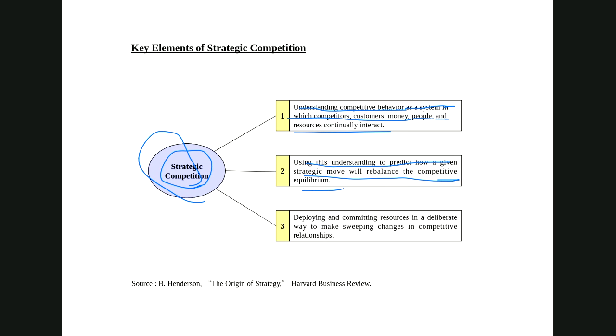We always try to make it better, and then competitors will compete with us better. And deploying the community and the resources in deliberate ways to make a sweeping change in the competitive relationship. Long story short, we definitely need competition in order to make us better, in order to make us more competent. Okay, change our perception.